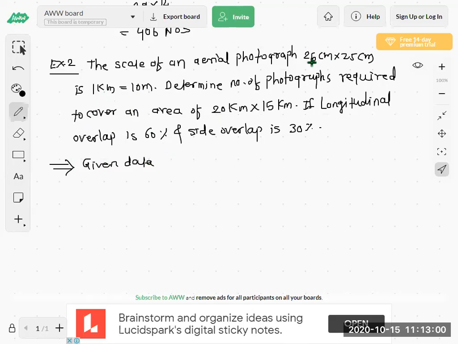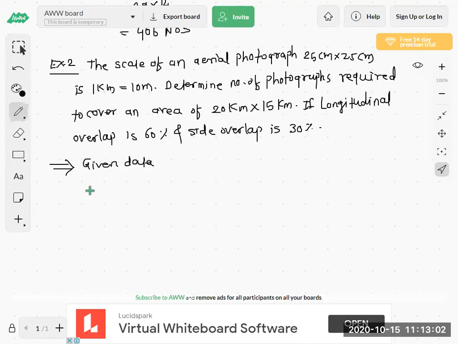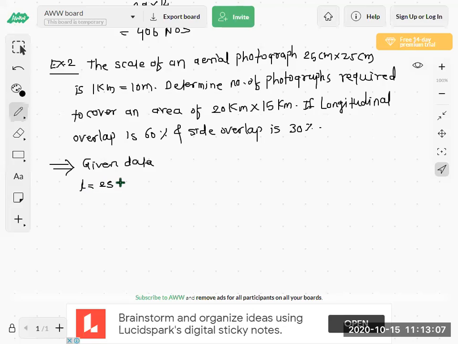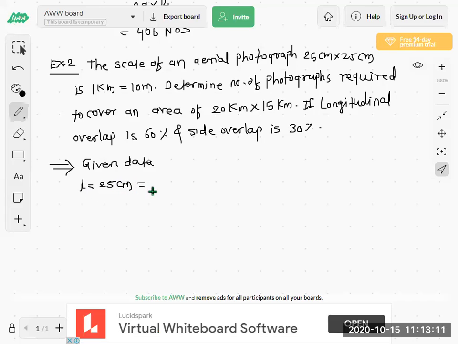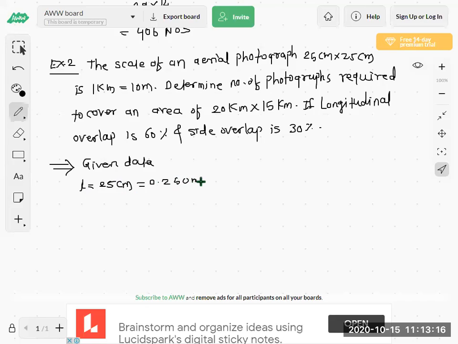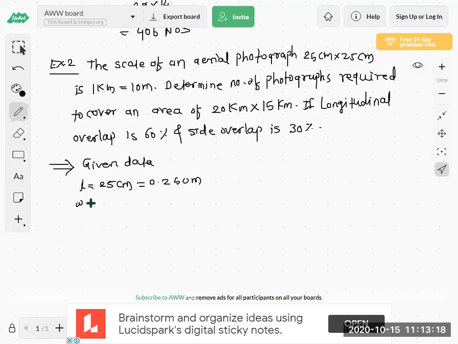First, for 25 centimeter by 25 centimeter, what does it mean? It is the width and length of the photograph that they have given. 25 centimeter means how much meter? 0.250 meter. The width of the photograph is again 25 centimeter.